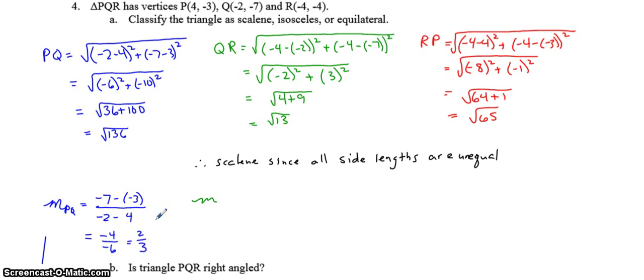So I'm only writing it up here so that I can see the points. You should be writing it underneath. So the slope of QR, y2 minus y1 over x2 minus x1.